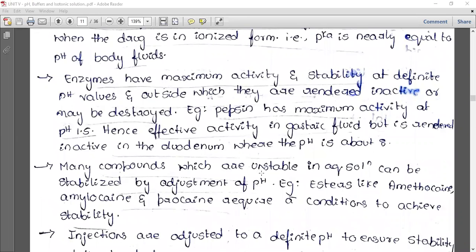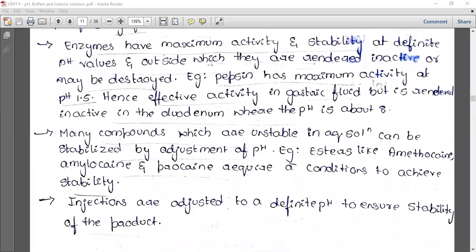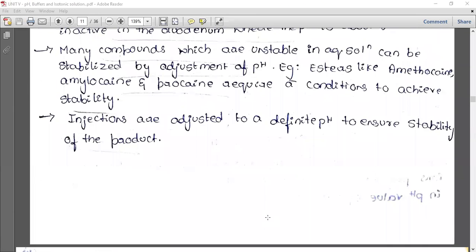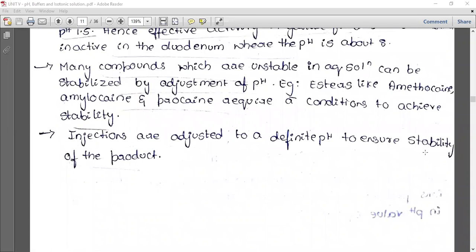Many compounds which are unstable at aqueous pH can be stabilized by adjustment of pH. Injections are adjusted to a definite pH to ensure stability of the product. Not only this, if pH varies in case of injections and ophthalmics, you observe irritation, itching, and untoward effects. Okay, so this is about the importance of pH in pharmacy.